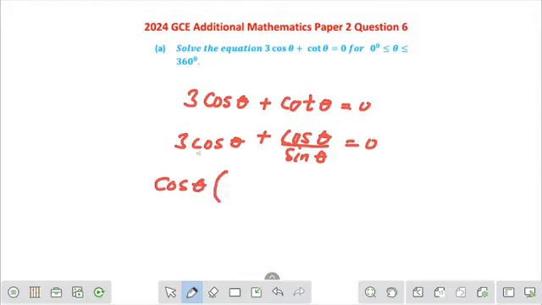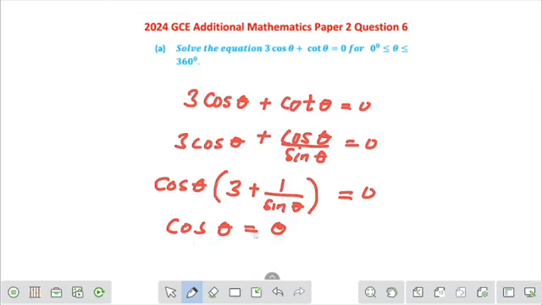So we are going to have the first equation, which is cos theta is equal to 0. Now we want to find the value of theta. To remain with theta on the left-hand side, we are going to find the cos inverse of 0. So theta is equal to cos inverse of 0.